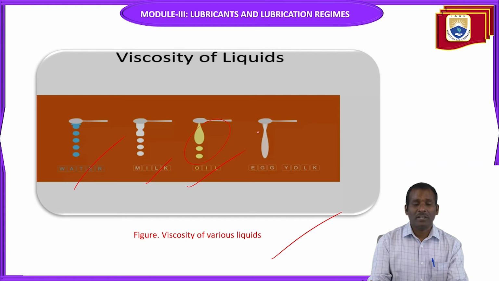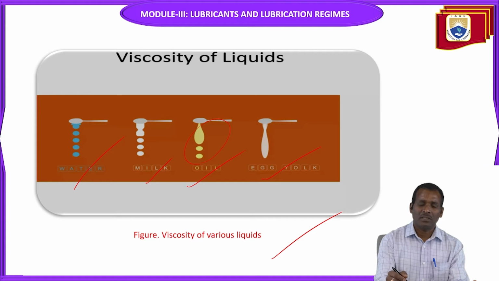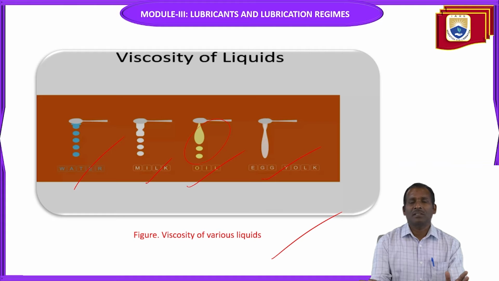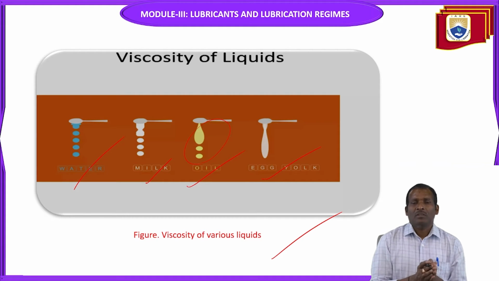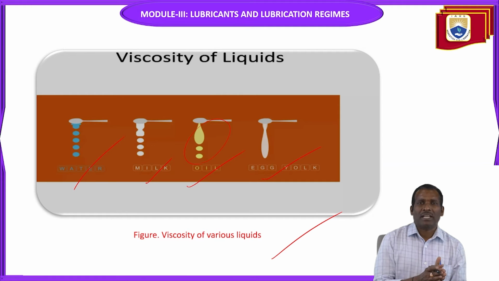See, the droplets are minimized here, because the oil's viscosity is higher than water and milk. And the egg yolk has very high viscosity compared to these three. The egg yolk does not move on a floor very easily. There is no easy flow, compared to water and milk.